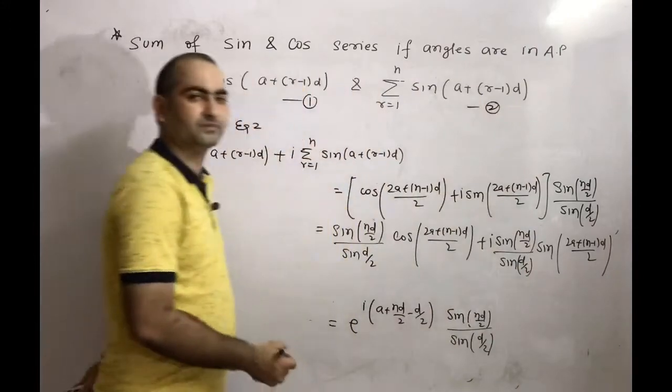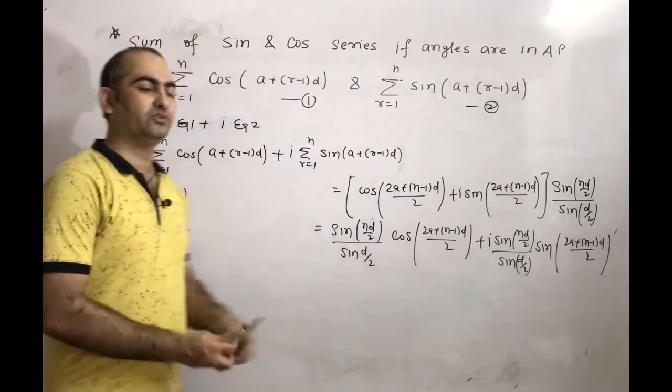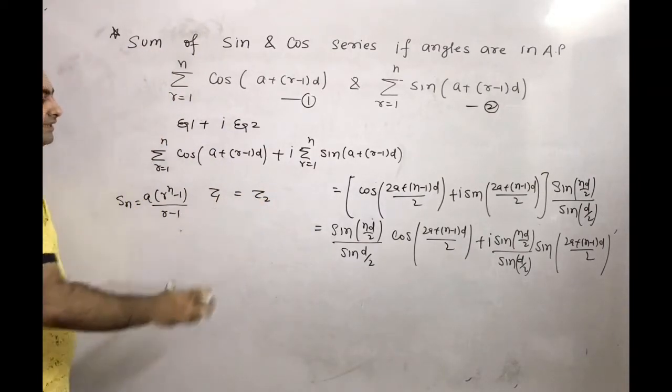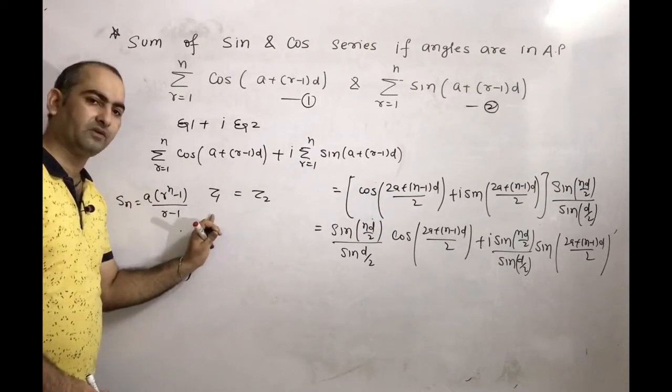So this will come. Okay, now here this is one complex number and this is the other complex number. So there are two complex numbers z1 and z2 and both are equal. That means real part of z1 equals real part of z2. Similarly, imaginary part of z1 equals imaginary part of z2.